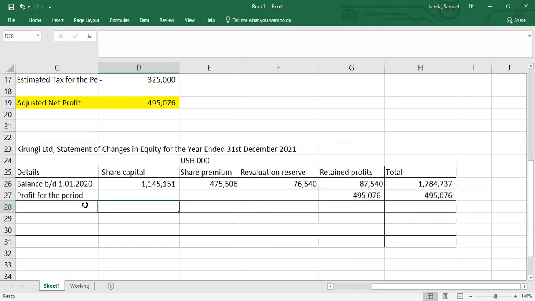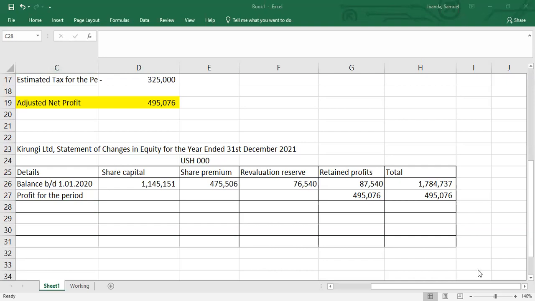Okay. Now after the profit, the next thing you need to look at is your dividends, because once a business makes profits, it chooses to give some amount of money out in terms of, let's say, dividends. So we are going to look at the dividends that were issued out.